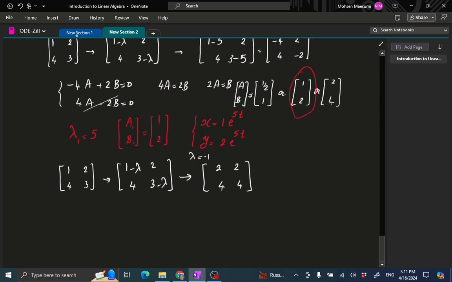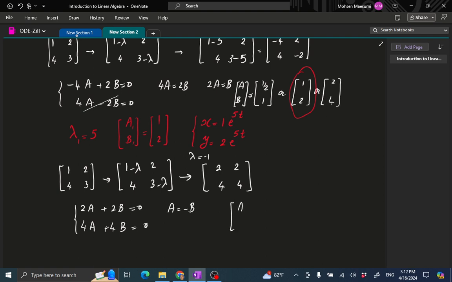Next, we are going to solve this. It's going to be 2a plus 2b equal to 0, and 4a plus 4b equal to 0. Of course, the solution that we get here is that a is simply equal to -b.